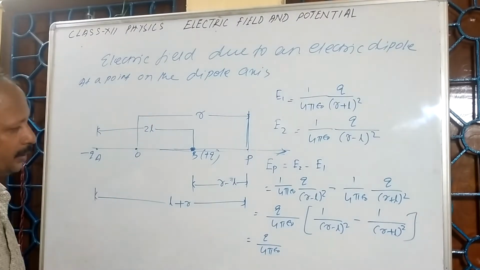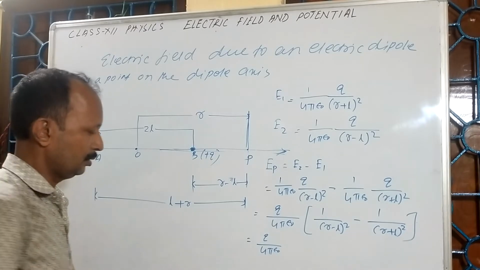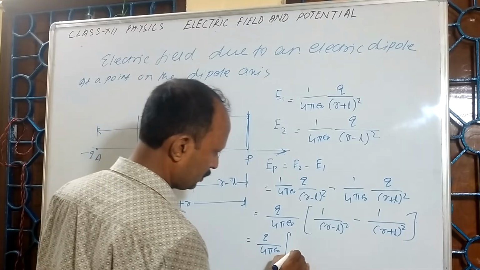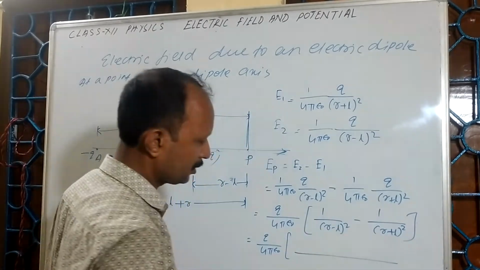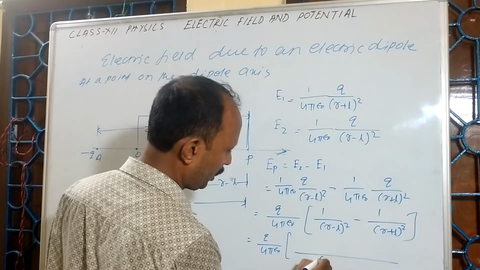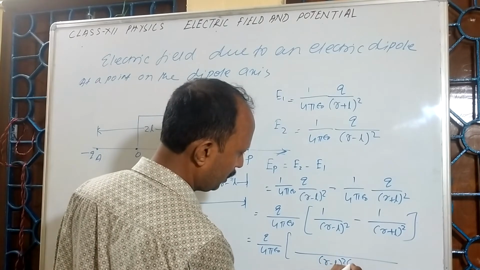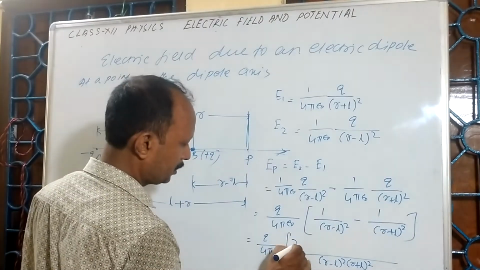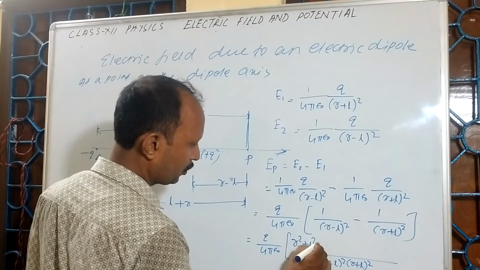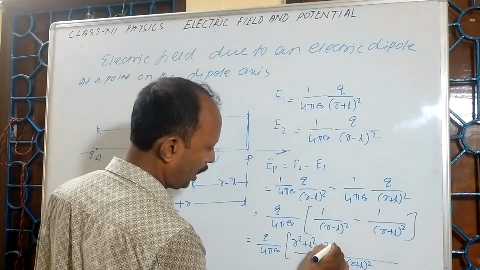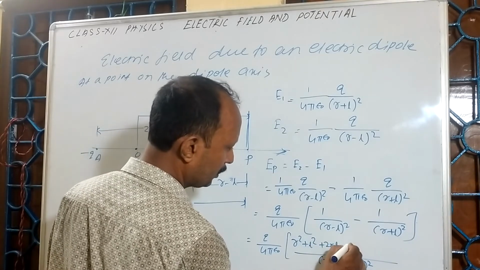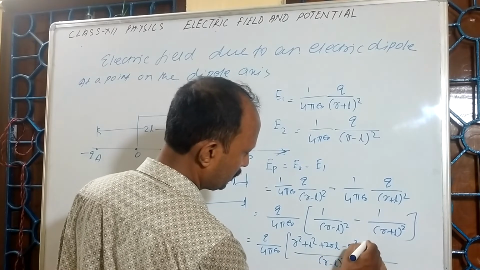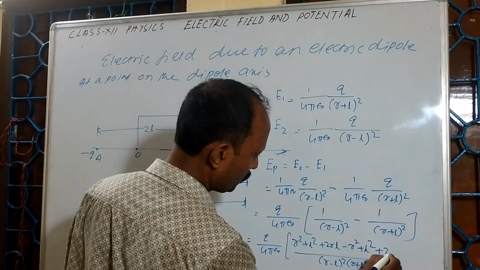I am writing here, okay, see here. Q upon 4 pi epsilon naught, this is r minus L square, r plus L square, r minus L square, r plus L square. So I can say that this is r square plus L square plus 2rl minus r square plus L square plus 2rl.